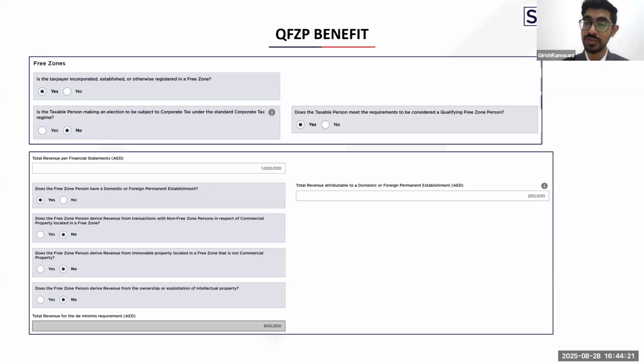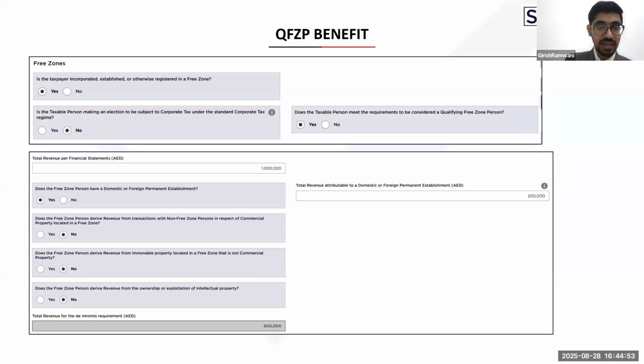If you have got a domestic or a foreign permanent establishment, that is, if you have got any presence in mainland or any presence which is outside UAE, outside the free zone, then that revenue has to be reported and that is excluded. So, for example, if 1 million is your total revenue, out of which 200,000 pertain to your activities in mainland or anywhere outside UAE, then that is going to be excluded for checking the de minimis requirement of 5%, and that will be computed only on 800,000.